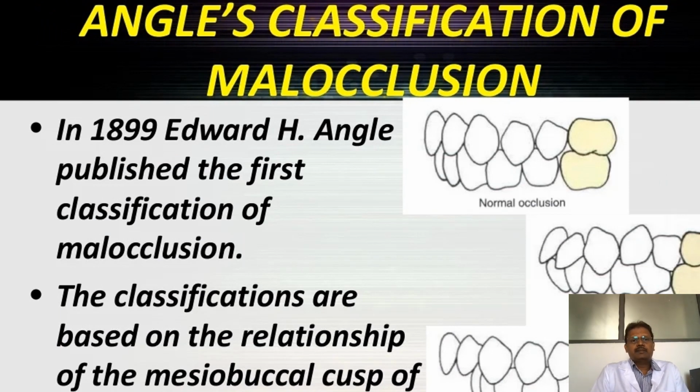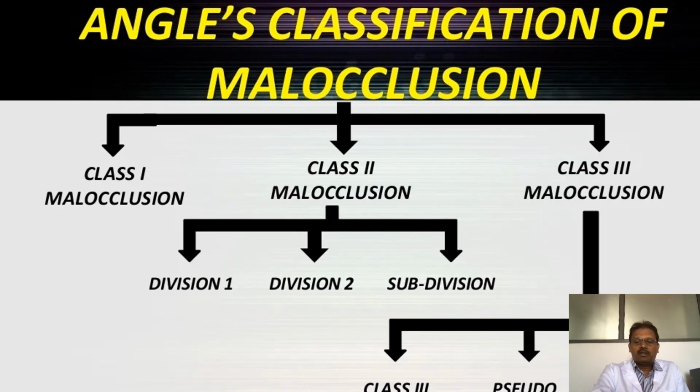So now we'll discuss the Angle's classification of malocclusion, which is universally accepted worldwide because it is very simple to classify malocclusion. In 1899, Edward H. Angle published the first classification of malocclusion. The classification is based on the relationship of the mesiobuccal cusp of the upper first permanent molar, which occludes in the buccal groove of the lower first permanent molar, and this is called Angle's class 1 malocclusion.